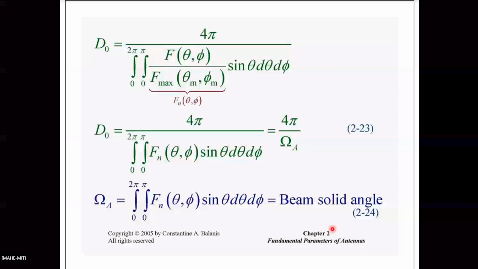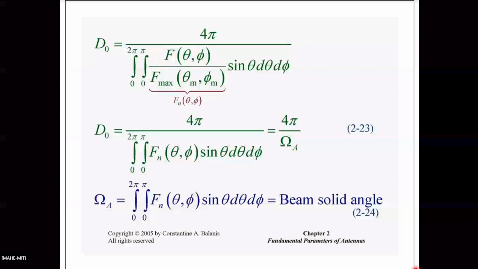Okay. Is it fine? The beam solid angle expression is the integral of Fn of theta phi sin theta d theta d phi. How do you get Fn? Fn is f of theta phi divided by f max. Now how do we define beam solid angle?